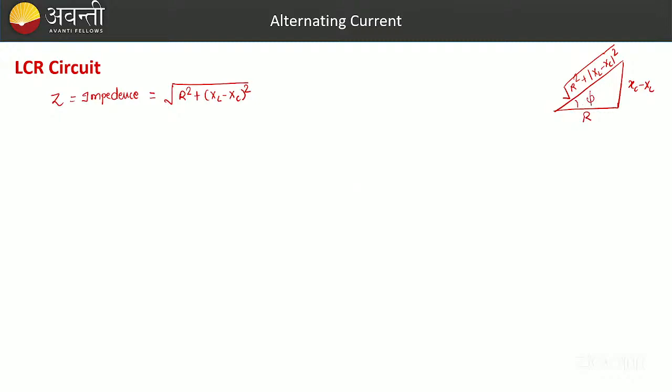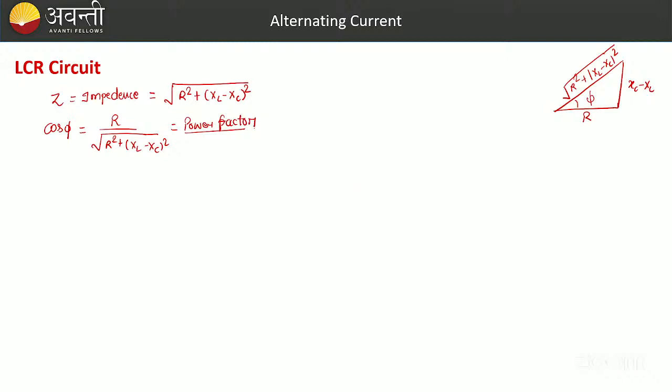If we calculate cos phi here, cos phi is nothing but R upon Z, or in terms of the LCR circuit, R upon the square root of R square plus (XL minus XC) whole square. This is nothing but the power factor. It tells us how much power is consumed in the circuit.